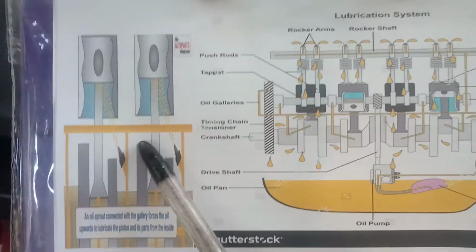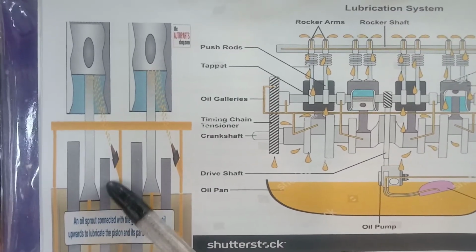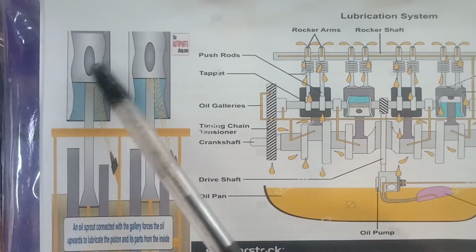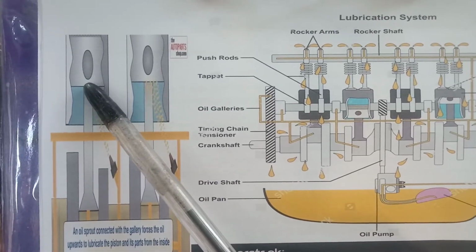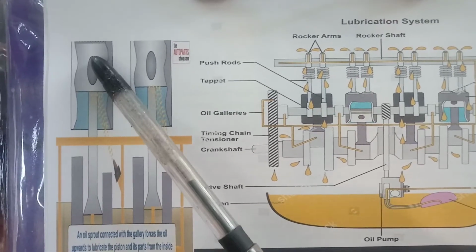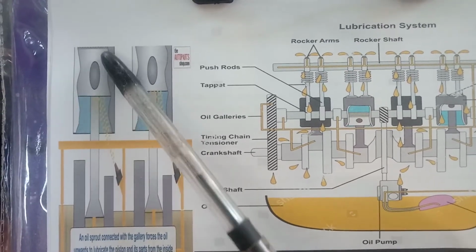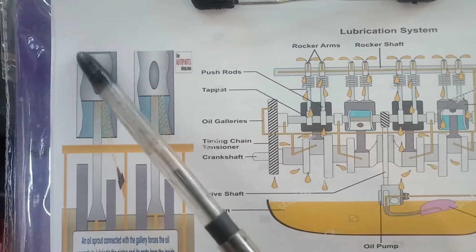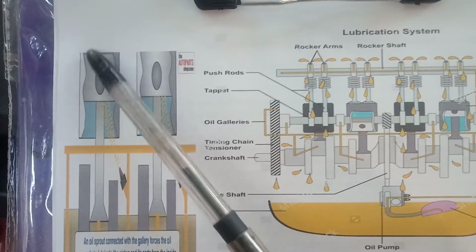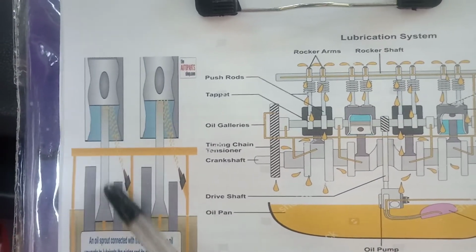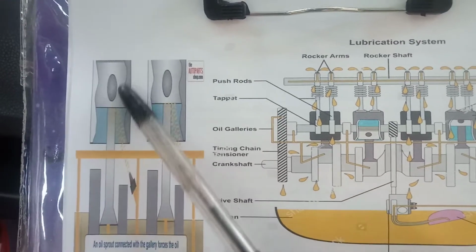At the same time, if you look at this diagram, here the piston and cylinder wall. As I discussed earlier, this oil forms a film between the piston ring and cylinder wall for sealing purposes, so that the combustion pressure produced at the crown of the piston should not escape through to the crankcase.